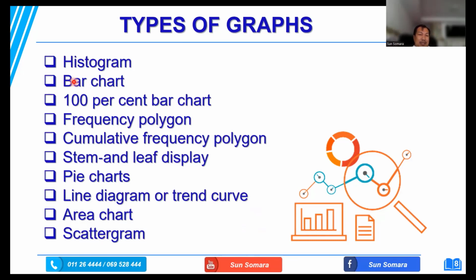So this one is about the types of charts that you have to learn and see here: histogram, mostly in Microsoft Excel, bar chart, 100% bar chart, frequency polygon, cumulative frequency polygon, stem and leaf display, pie chart, line diagram and trend curve, area chart, and scattergram.